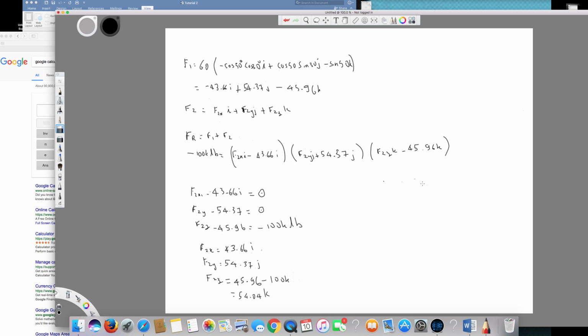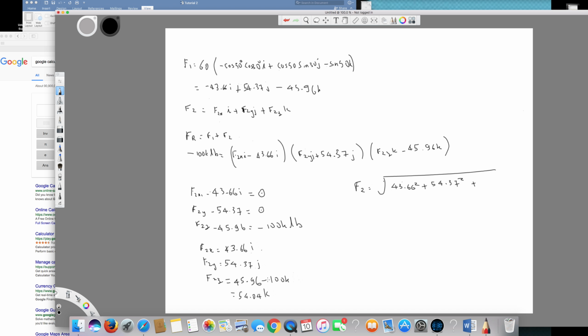Now it's very easy to find the magnitude, because F2 is going to be equal to the square root of the sum of squares, I have to just square each in the bracket: 43.66 squared plus 54.37 squared plus 54.04 squared.